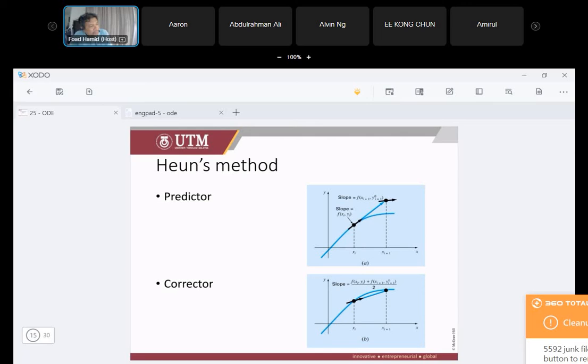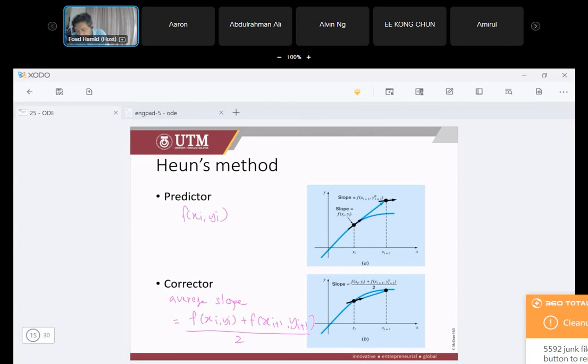So basically what we have here is, for the corrector, we use the average slope, which is the average of f(x i, y i) plus f(x i plus 1, y i plus 1) divided by 2. Okay, this is the average slope. The predictor, we just use the first slope, which is just f(x i, y i), which is just our Euler's method.